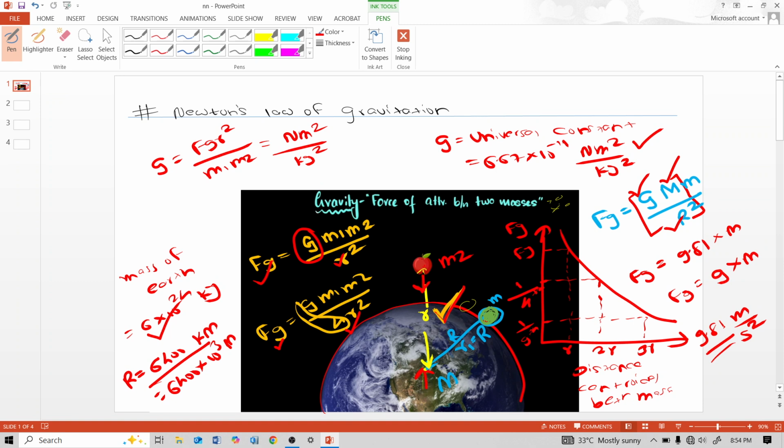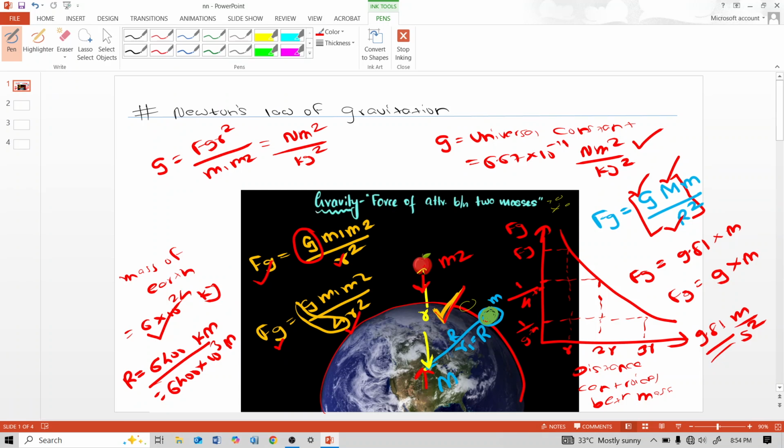See, gravity is the force of attraction between two masses, and the earth's mass is very big and its radius is also very big. That's why the force of attraction between you and earth is that high, you feel it. And if you throw any object towards earth, it will accelerate at 9.81 meter per second square.